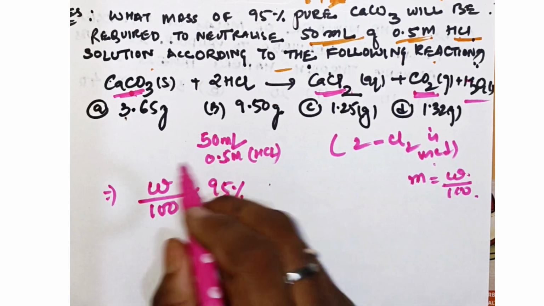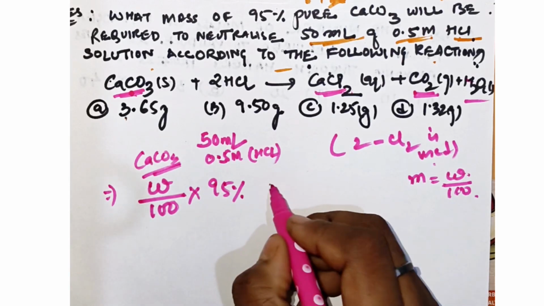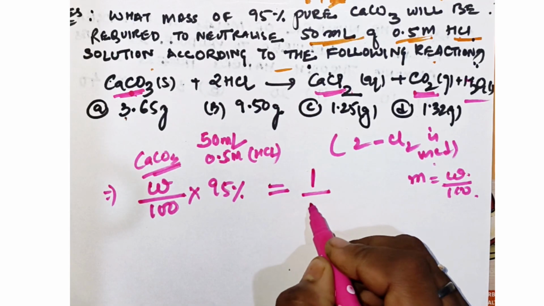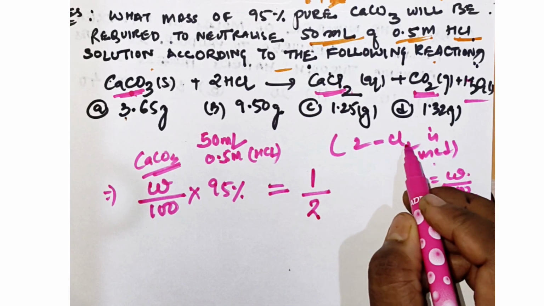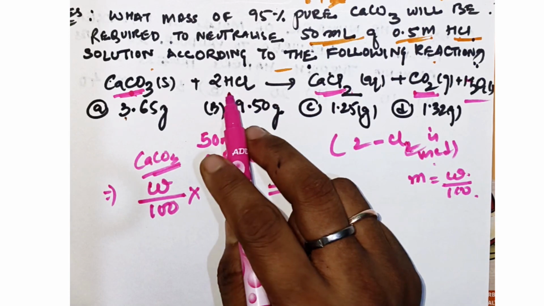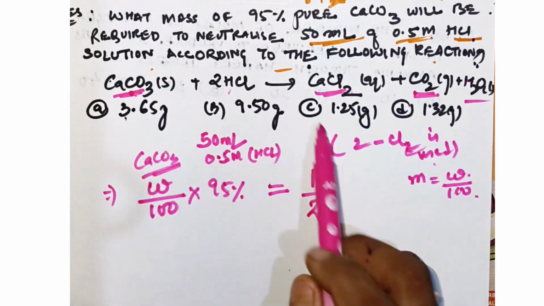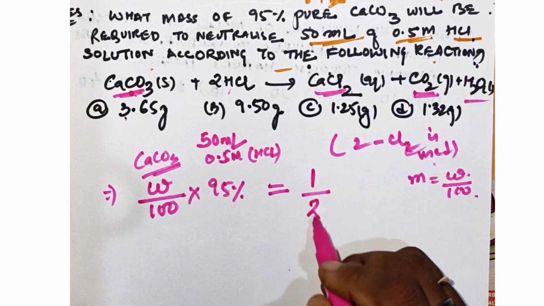This CaCO3 will be equal to the neutralized HCl. So how many molecules here? Now 1 by 2, because 2 chlorine are going to replace the 2 hydrogen, so it is divided by 2 because of the equivalent nature.